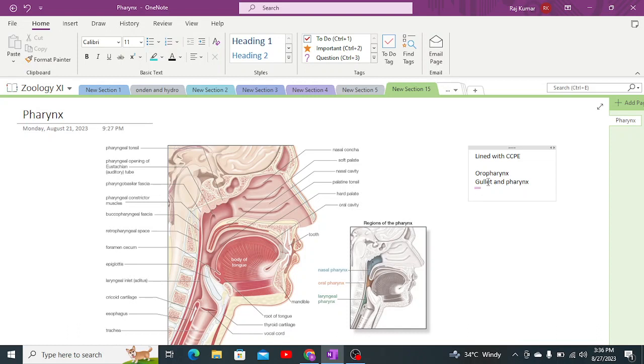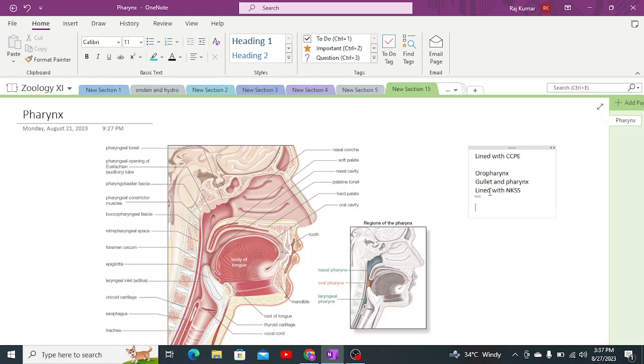Oropharynx can also be defined as a part where the food moves from the buccal cavity into the pharynx, and from the pharynx into the esophagus. And that is lined with non-keratinized stratified squamous epithelium.